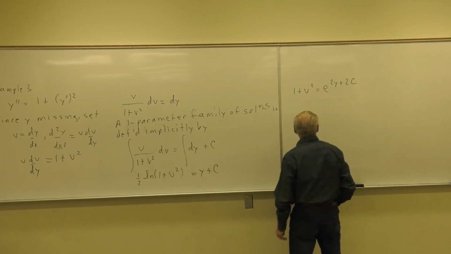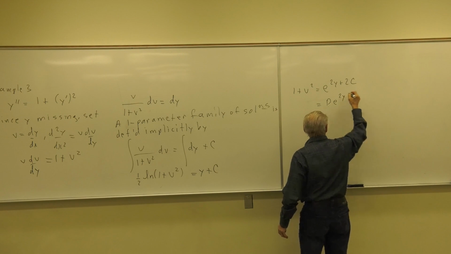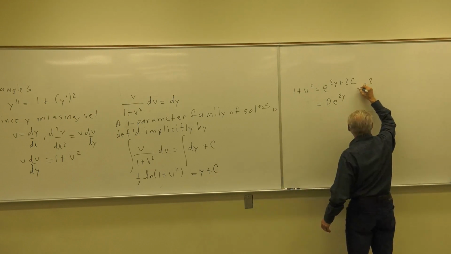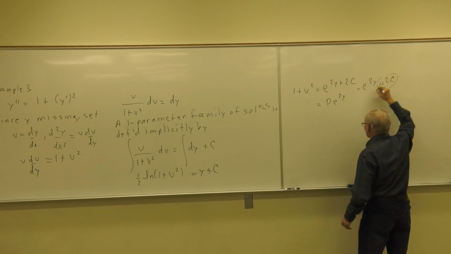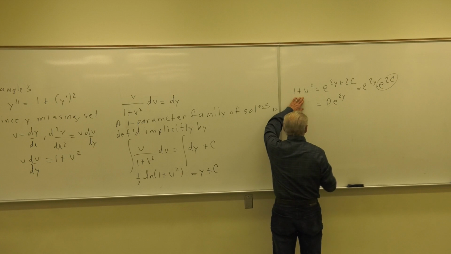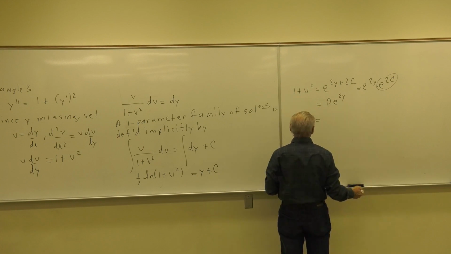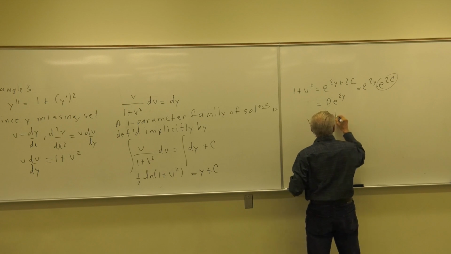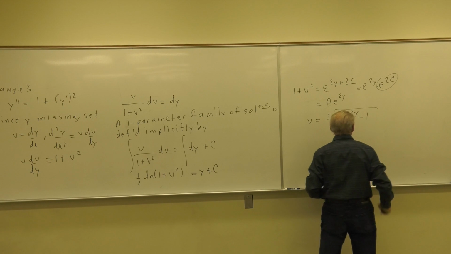We could write this as d, because that's e to the 2y times e to the 2c, call that d. Now solve for v. v is equal to, over with the 1 and square roots, plus or minus the square root of d e to the 2y minus 1.